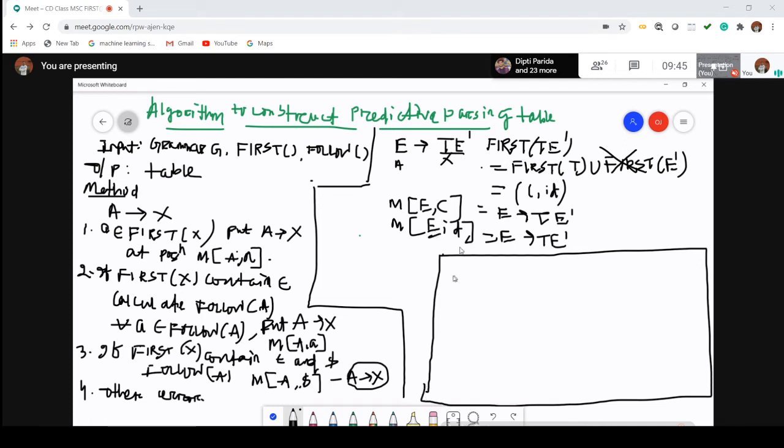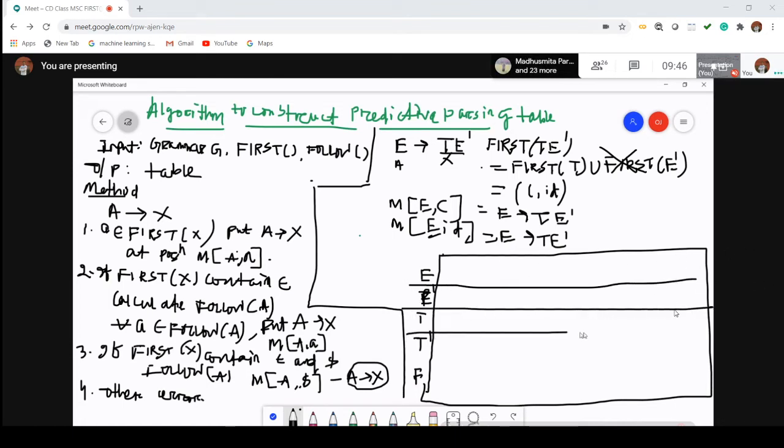All the non-terminal symbols are represented as rows: E, T, then E dash, T, T dash, and F. Five non-terminal symbols are there, so five rows are there. Number of non-terminals equals number of rows.